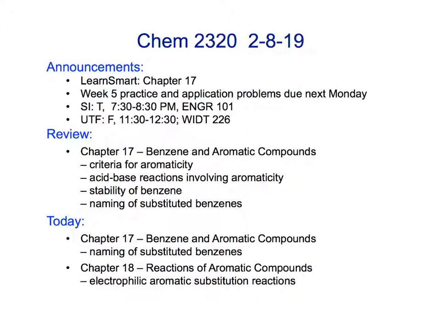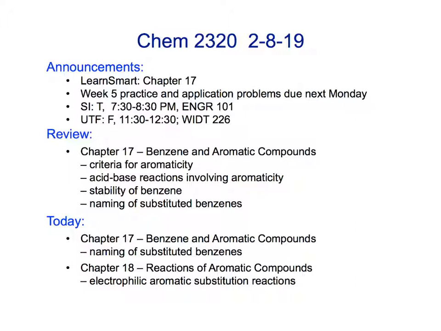They needed to have alternating double bonds or p orbitals on every carbon, and they needed to be planar. In addition, they needed to satisfy a requirement about the number of pi electrons in the pi system.